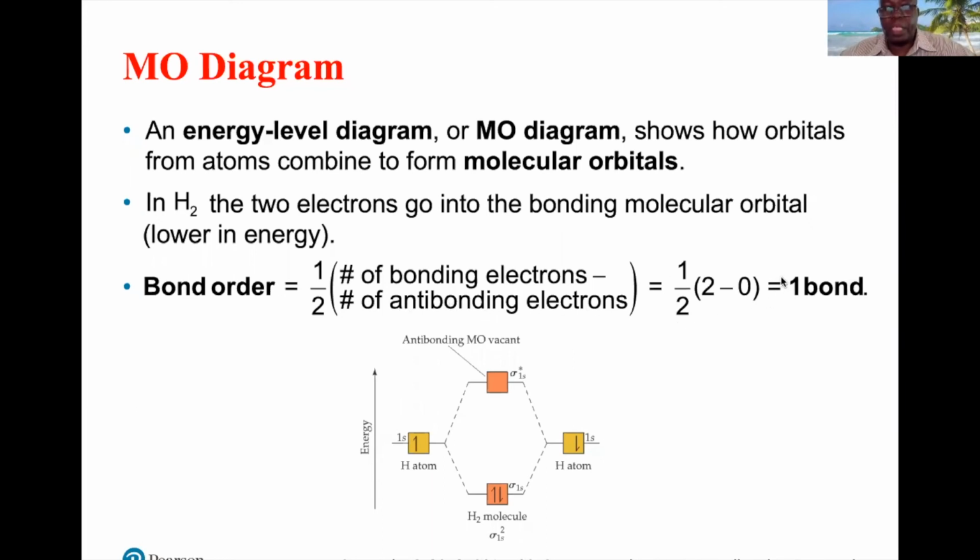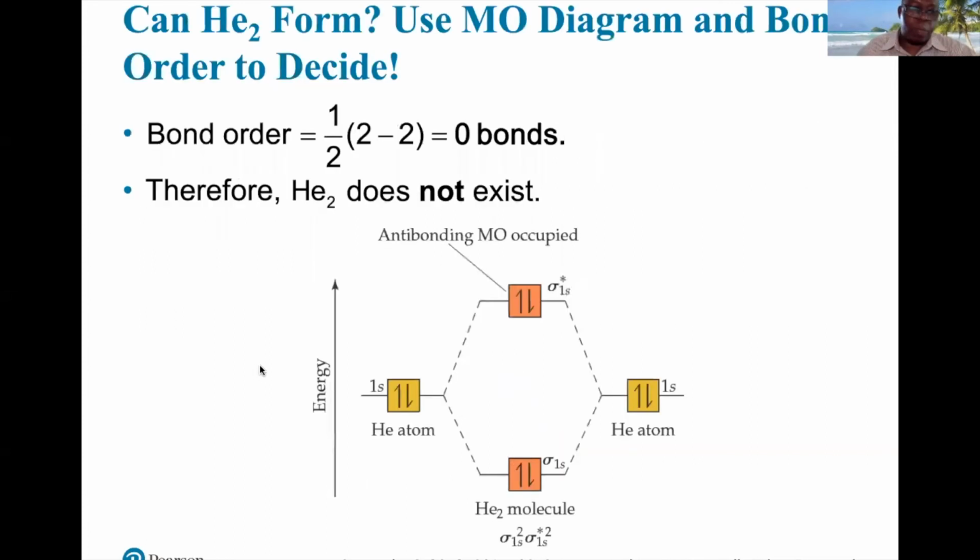If this is 0, that means that molecule will not exist. Therefore, He2 does not exist, because in helium we have 2 electrons here and 2 here. So 2 minus 2, a bond order of 0, means it does not exist.